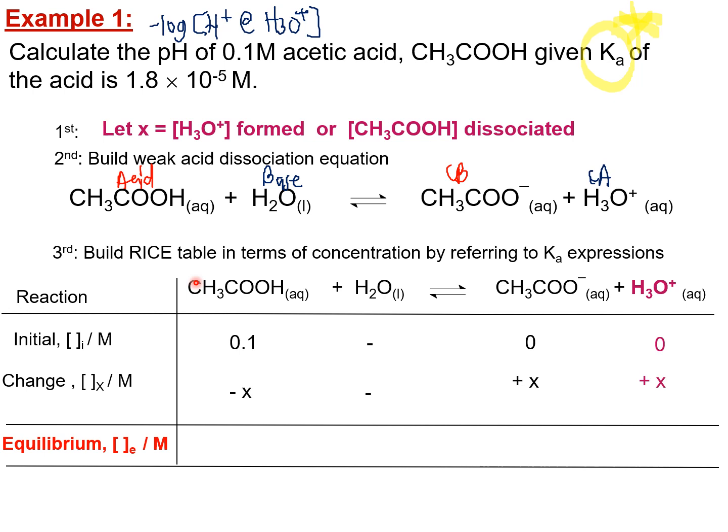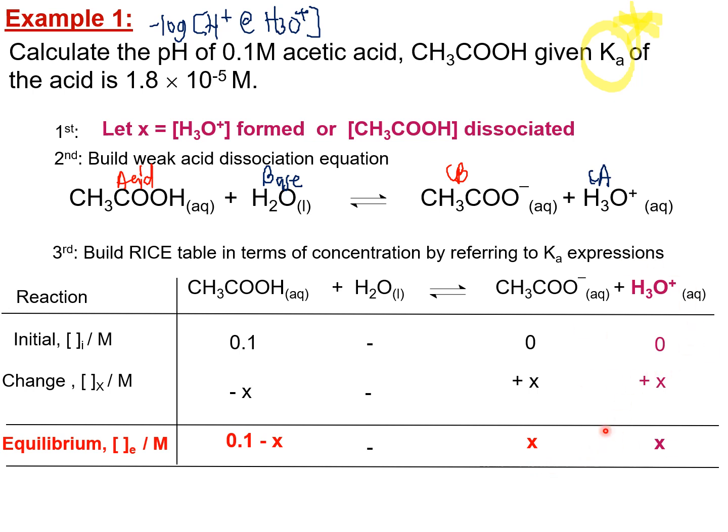Macam biasalah, kalau let's say dia adalah reactant, dia negative X. Kalau let's say dia product, dia adalah positive X. And therefore, ini akan menjadikan the concentration at equilibrium for CH3COOH ialah 0.1 minus X. Okay, and then concentration of CH3COO minus and also concentration of H3O plus ialah X sahaja, positive X, because kosong plus X kan.